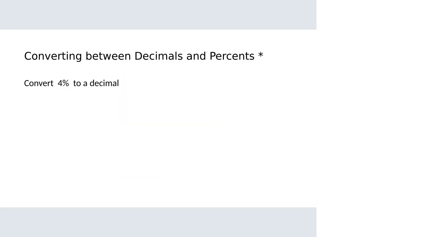Okay, outstanding. Here goes. Convert 4% to a decimal. I'm going to make a poll for this. It'll probably take me longer to type the poll than it will for you to answer it. That's okay.